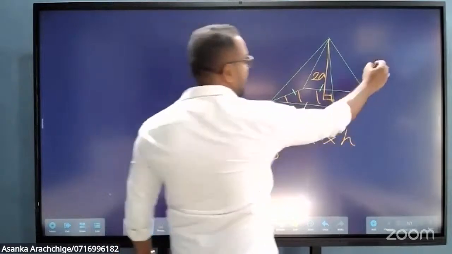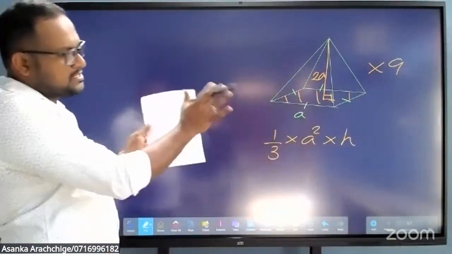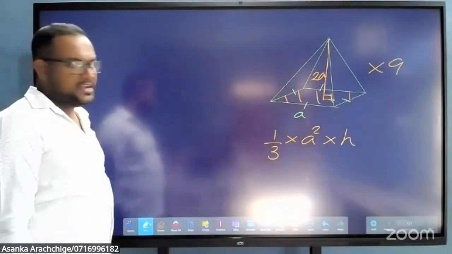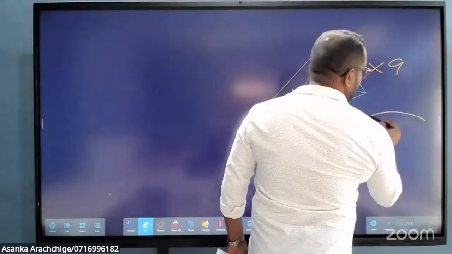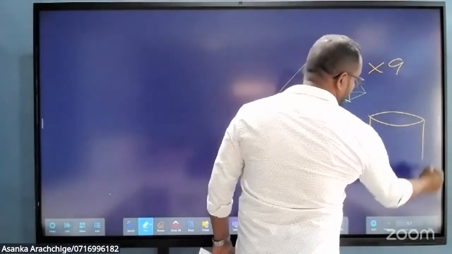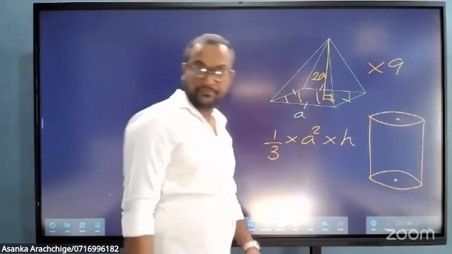By melting 9 right square base pyramids like this, a cylinder like this is formed.